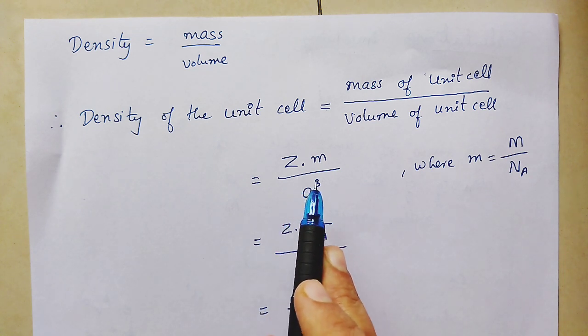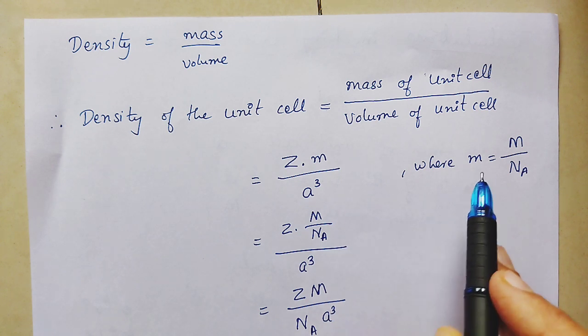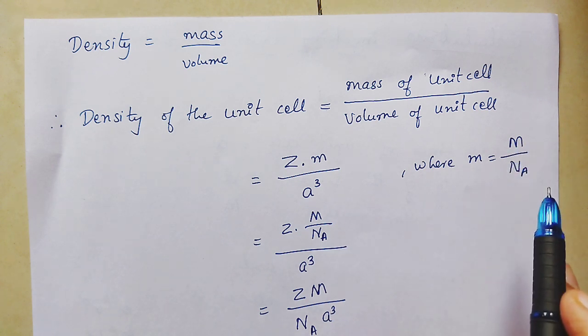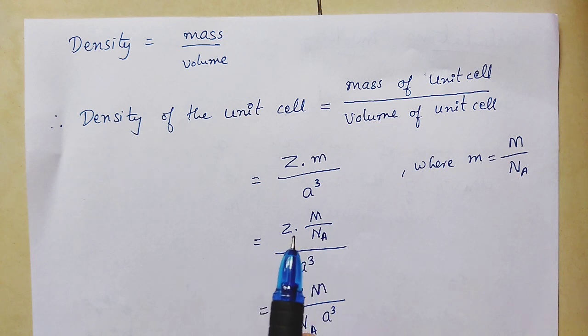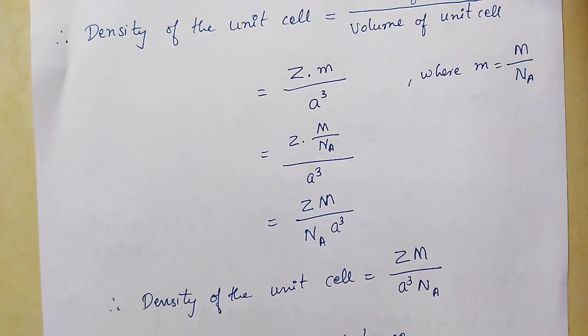Here, the mass of the single atom m is equal to the molar mass divided by Avogadro number. So apply that here. It becomes Z capital M divided by Na whole divided by a cube. Just rearrange it. The Avogadro number comes to the denominator. So density of the unit cell will be equal to ZM divided by a cube into Na.